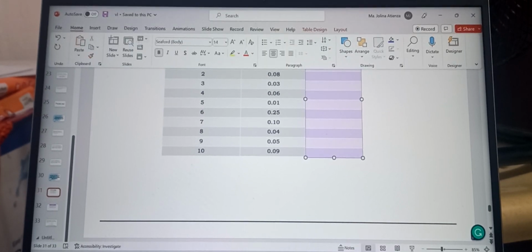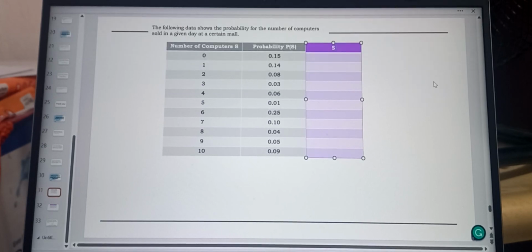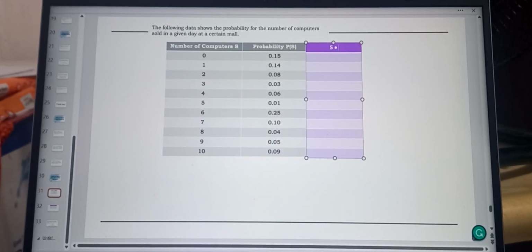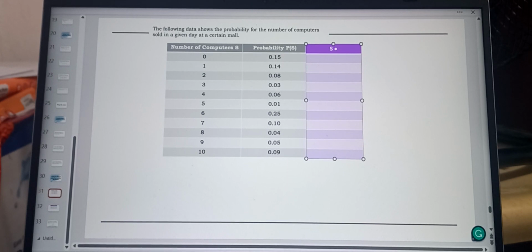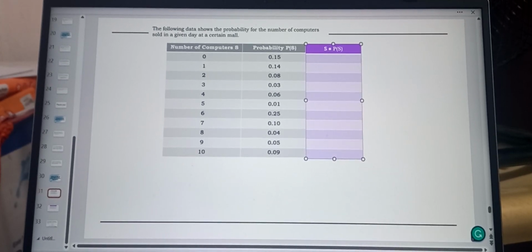We use the dot for multiplication in our mean, not X, because sometimes X is the representation of a random variable. So, S multiplied by its probability. Again, S stands for the number of computers and P of S means the probability of the number of computers.